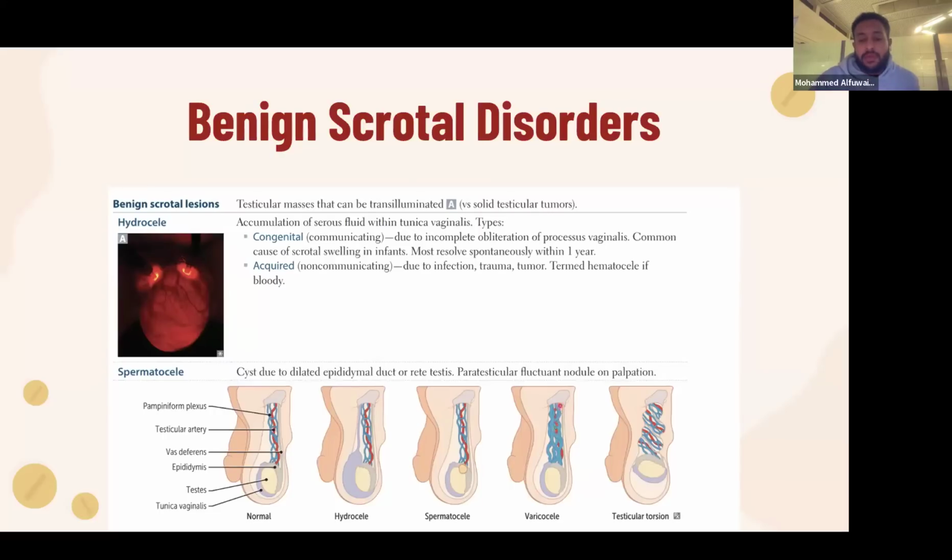Usually indicating some sort of proximal obstruction. Testicular torsion is torsion of the spermatic cord. Usually very dangerous, very severe onset of pain. You need to treat this surgically and immediately to preserve function. Now, what is the danger with varicocele and testicular torsion? It increases temperature in the testes.